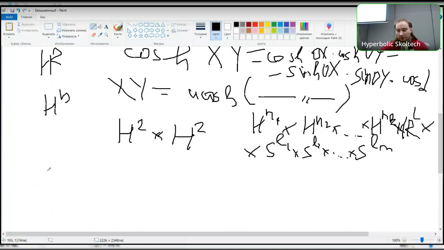So probably this hyperbolic space will be cycled, and this is just a locally hyperbolic space.